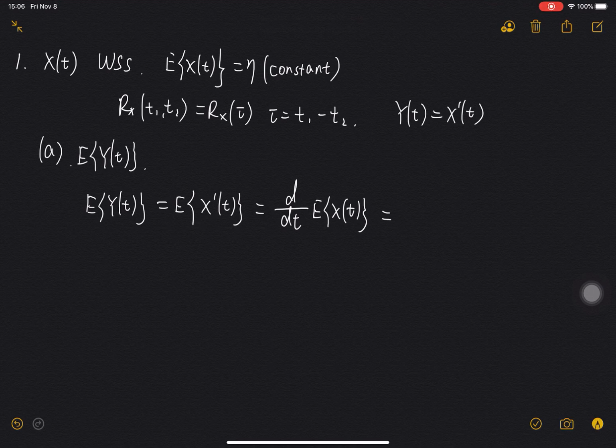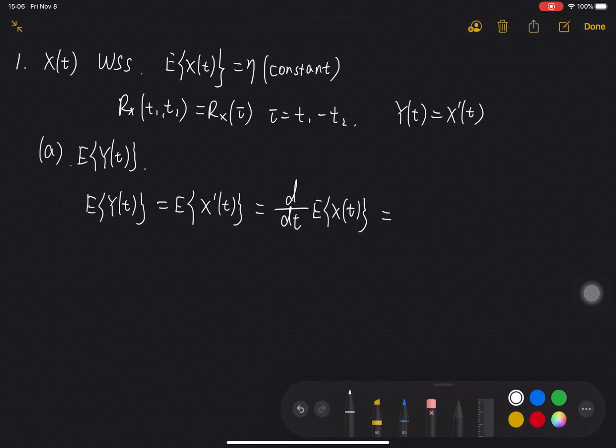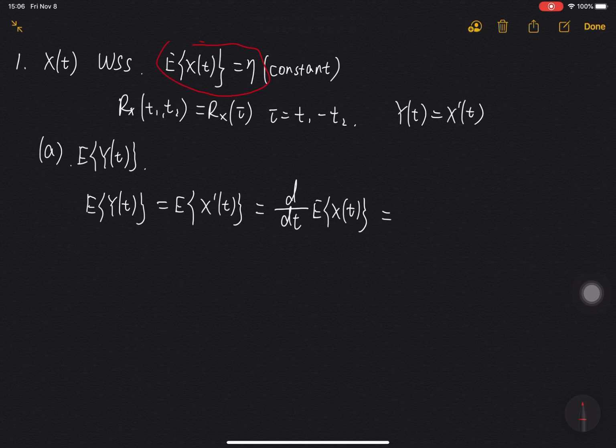And since the expectation of xt is a constant, the expectation of yt should be 0.